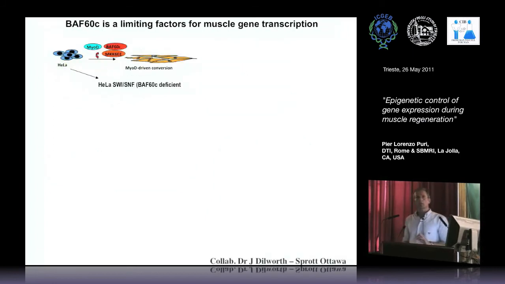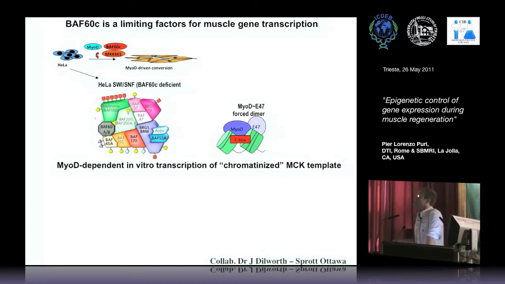But the second experiment was more definitive. We purified the SWI/SNF complex from HeLa cells, and this complex is deficient, without BAF60C. And we decided to do an in vitro transcription assay where we use a chromatinized MCK, muscle creatine kinase, template where MyoD is supposed to activate transcription because there are two MyoD binding sites.